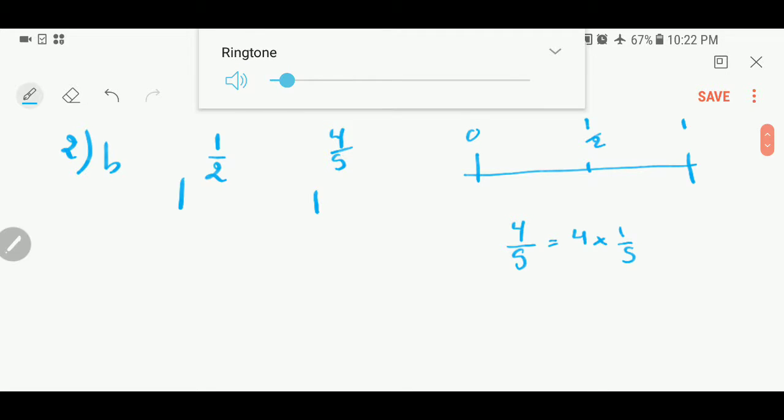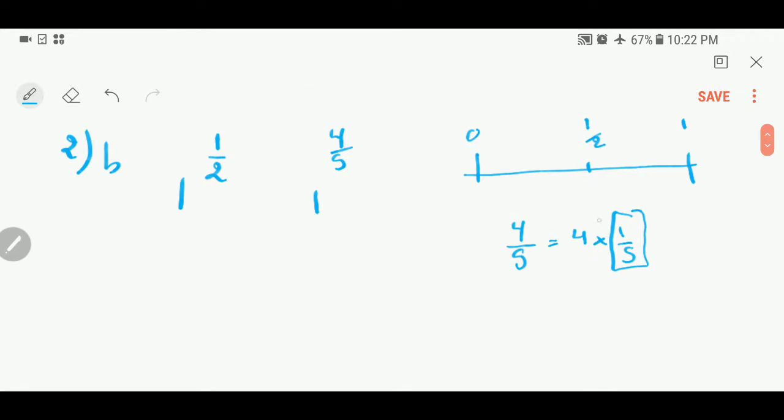So what you want to do is make sure that this is 1 over 5. So 4 times 1 over 5, so you're going to divide this into 5 sections. Let's say this is 1, 2, 3, 4, and then 5. So this is 1 over 5, 2 over 5, 3 over 5, 4 over 5, 5 over 5.